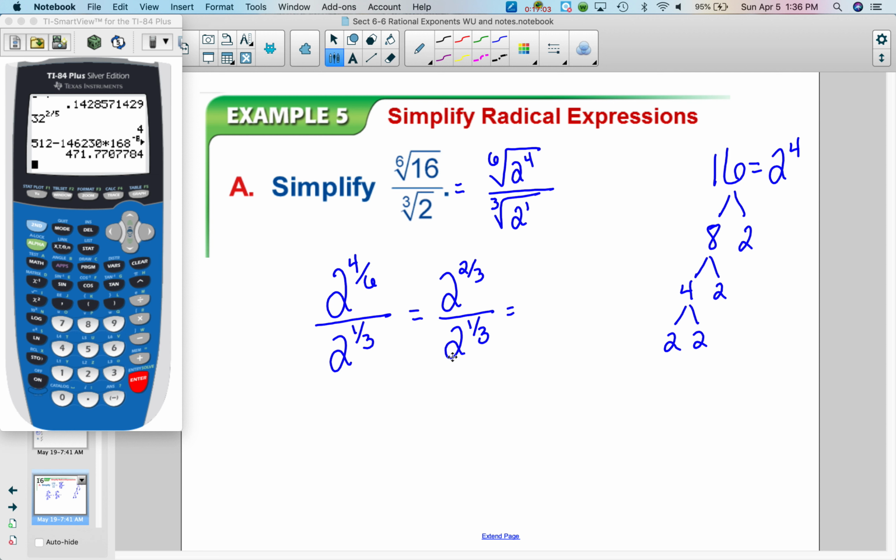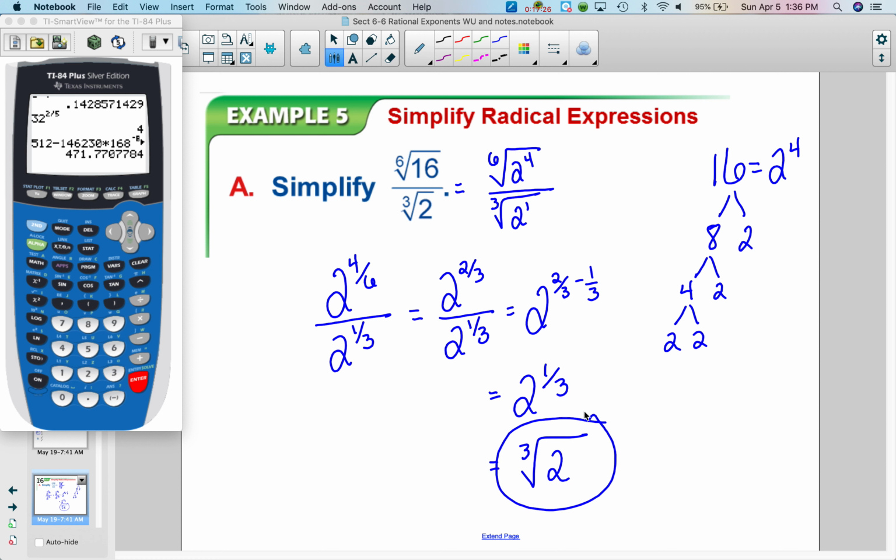We're dividing and the bases are the same, so I subtract my exponents. And conveniently enough, they're already common denominators. So I get 2 to the 1/3. And that's fine if you leave your answer like that, but because my problem was given to me in radical form, I like to write my answer in radical form. So I would write my answer like this, but I would accept 2 to the 1/3 as well.